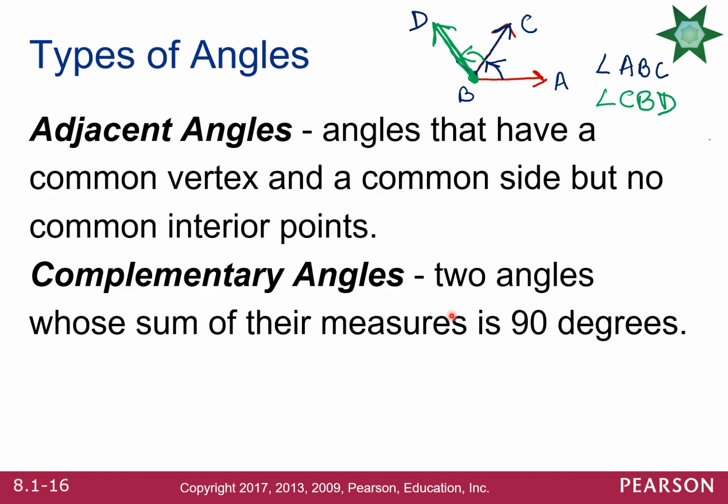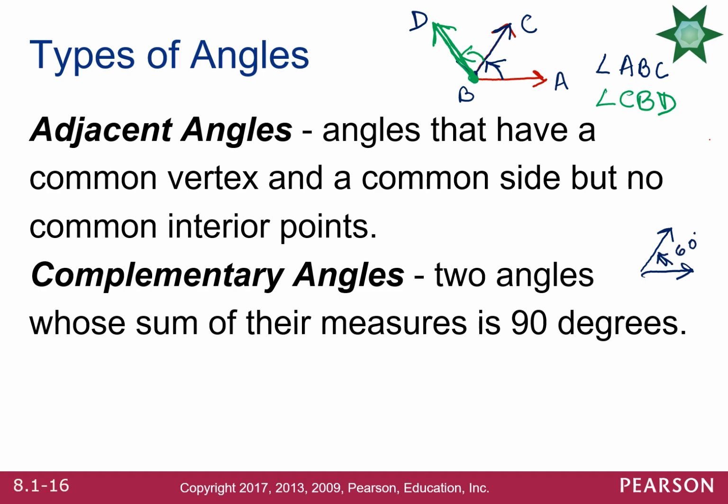Complementary angles. Two angles whose sum of their measures is 90 degrees are complementary angles. Let me draw a figure of what complementary angles would look like. Here we have the initial side and a terminal side, and let's say this angle is 60 degrees.